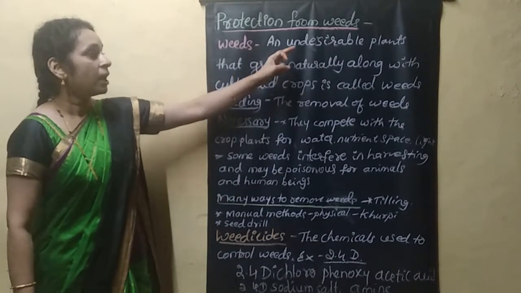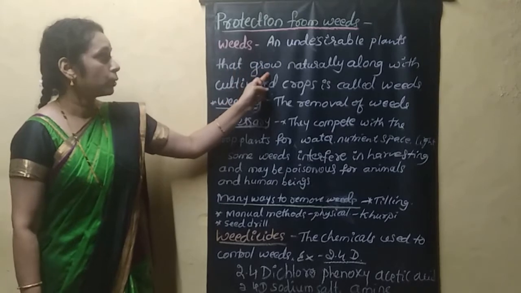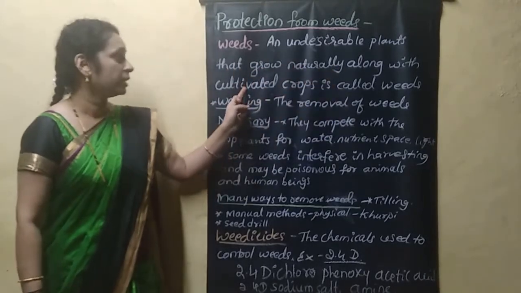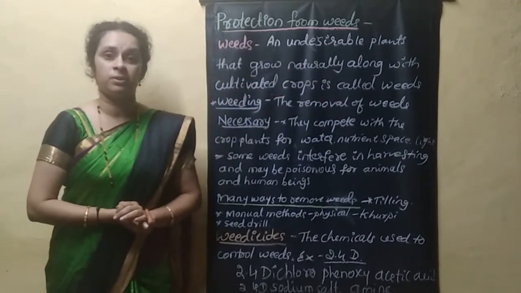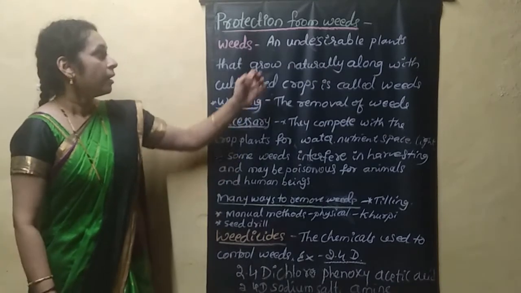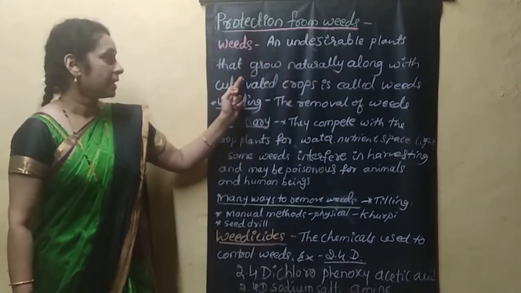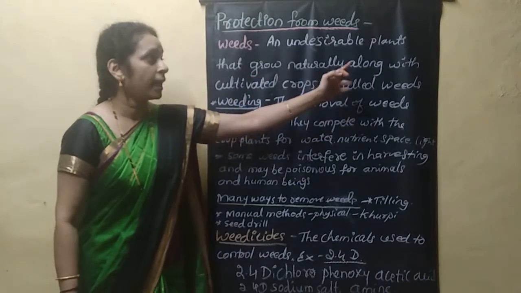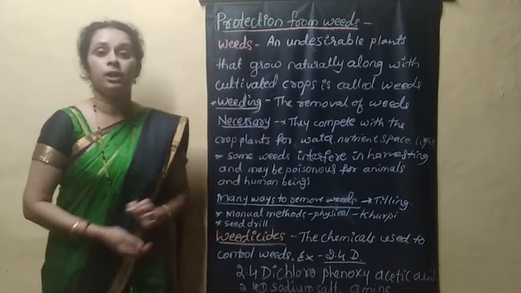Weeds are undesirable plants that grow naturally along with cultivated crops.